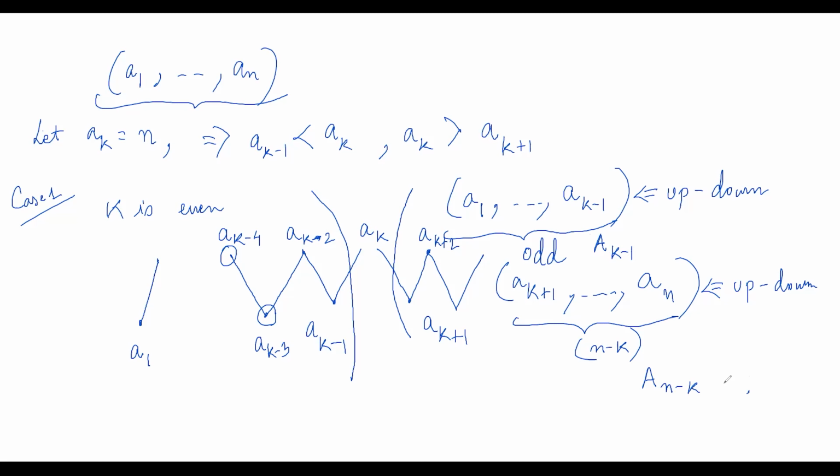Now similarly let's analyze case 2, when k is odd. So coming to case 2, k is odd, and let's again draw the diagram. Here we have a k minus 1, a k plus 1, and now again things would go up from here.